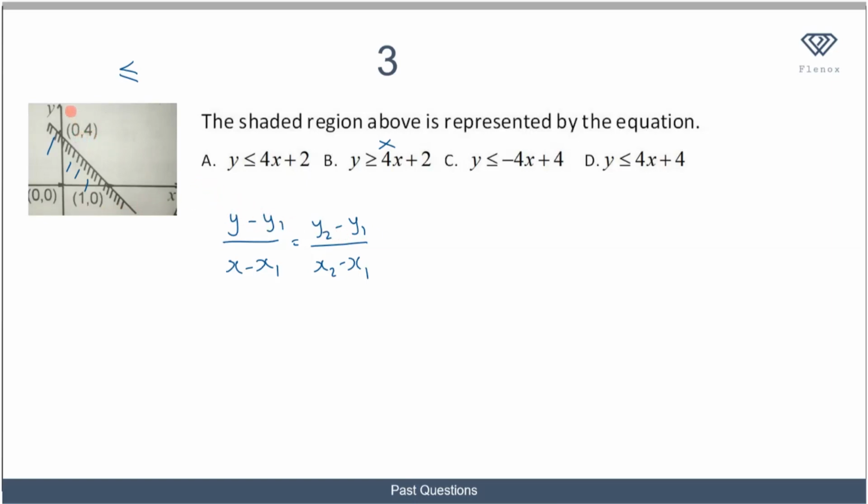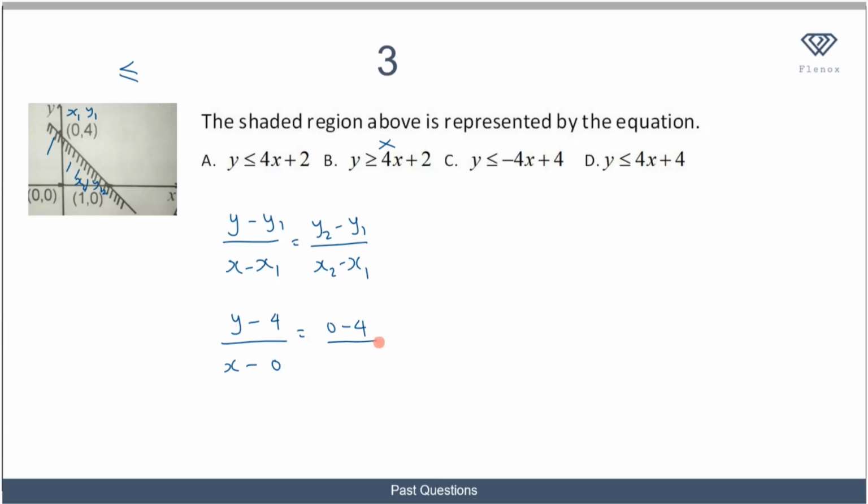So what we have to do now is to label the coordinates. The coordinates here, we'll call x1 and y1, and we label here as x2 and y2. So we just fix them into the equation. We have y minus, what is our y1? Our y1 is 4, over x minus, what is our x1? Our x1 is 0, must be equal to, what is our y2?